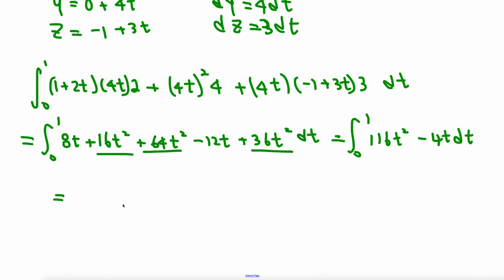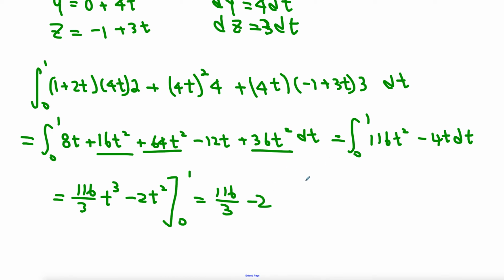Then when you integrate this, we get 116 over 3 t to the third power, and the second one is minus 2t squared, which goes from 0 through 1. When you plug in 0, everything becomes 0. When you plug in 1, we get 116 over 3 minus 2, which ends up being 110 over 3. So that becomes our final answer.